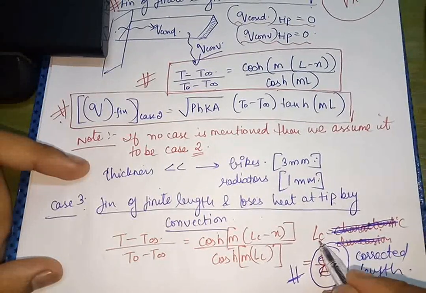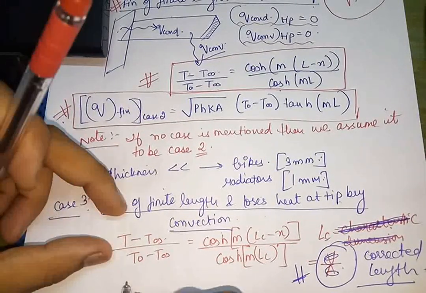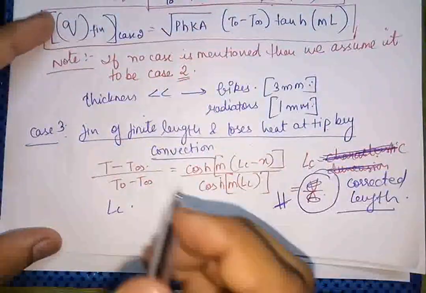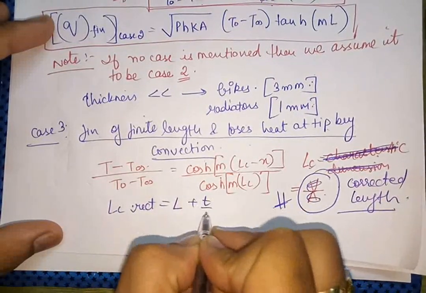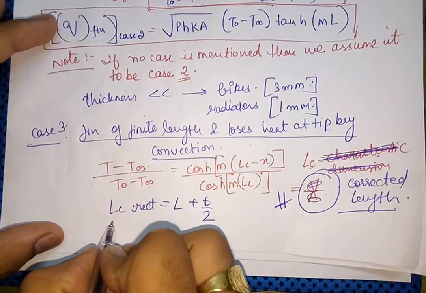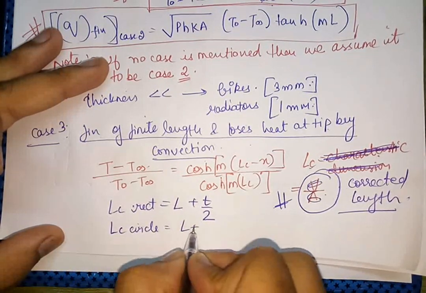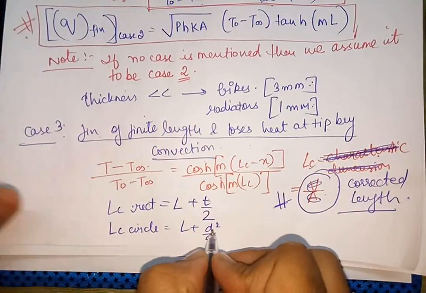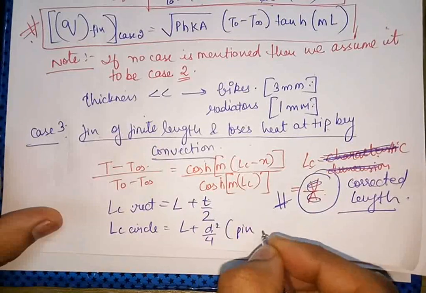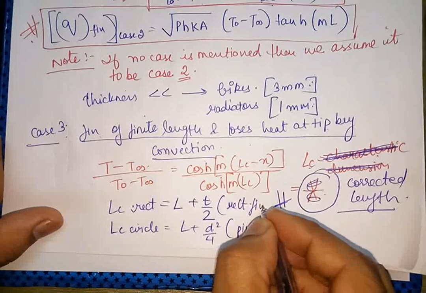I'm very sorry. Lc is the corrected length of the fin. In case of a rectangle, Lc is equal to L plus t by 2, and in case of circular, Lc is equal to L plus D by 4, where t is the thickness and D is the diameter. Okay, this is for pin type fins, and this is for the rectangular fin.